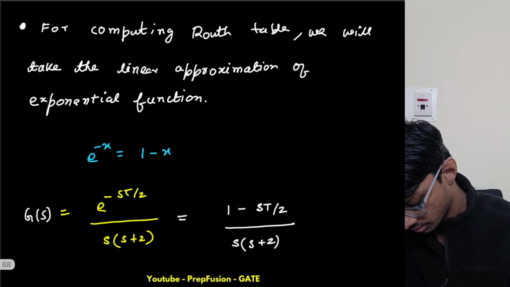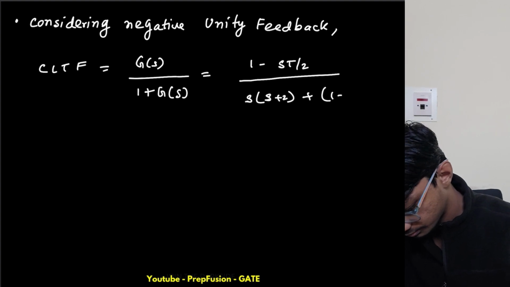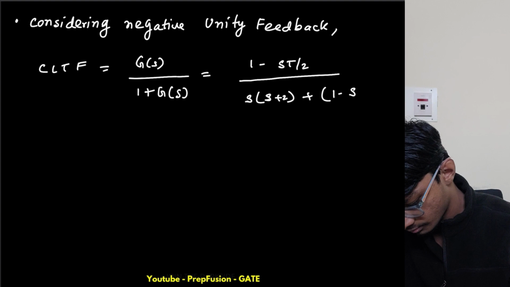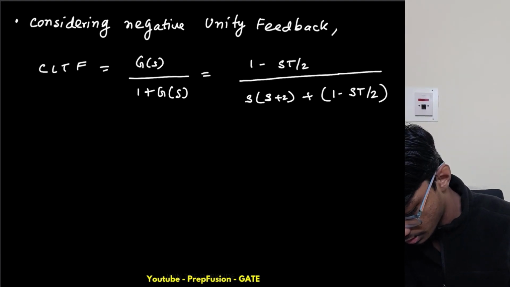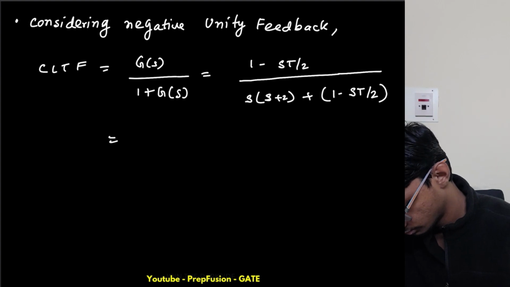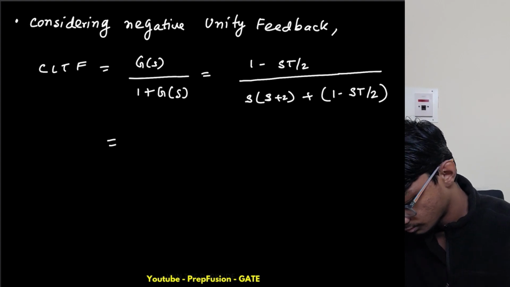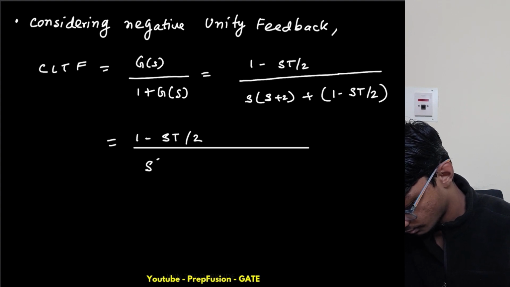Okay, and this will be s into s plus 2, plus 1 minus sT by 2, and this gives s square.